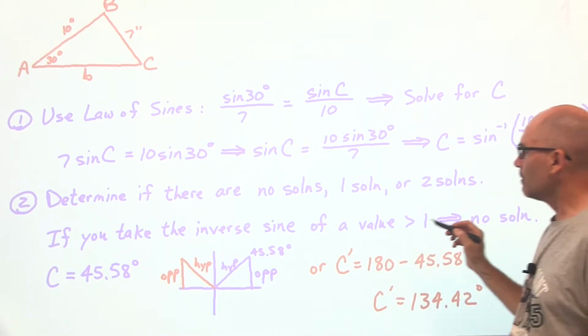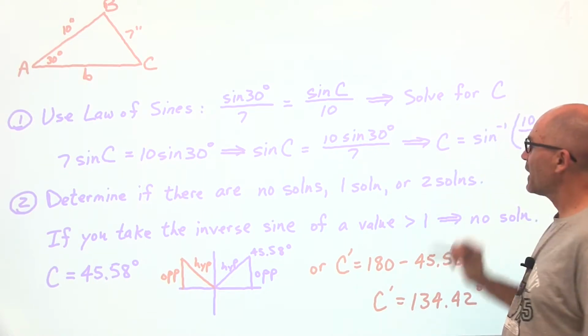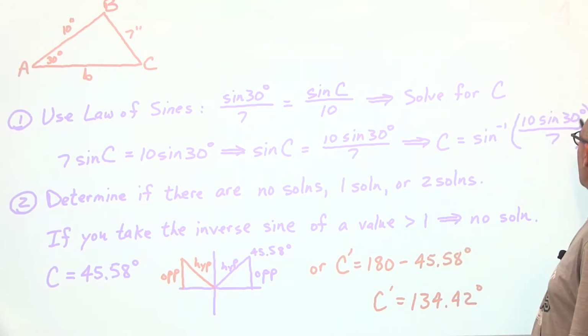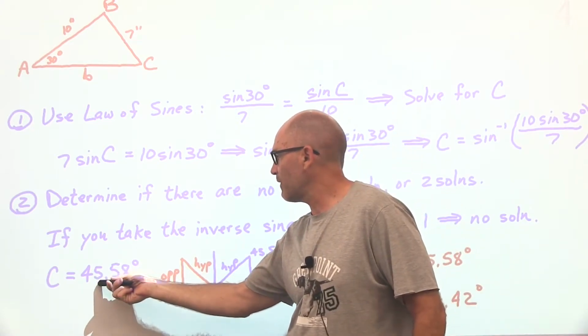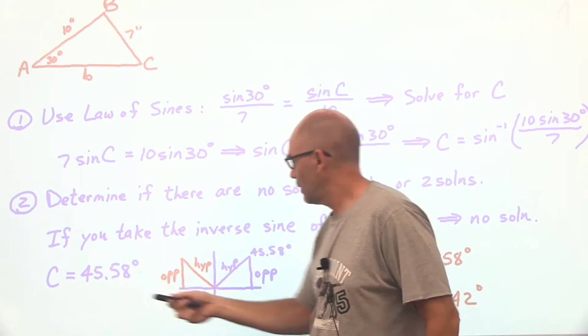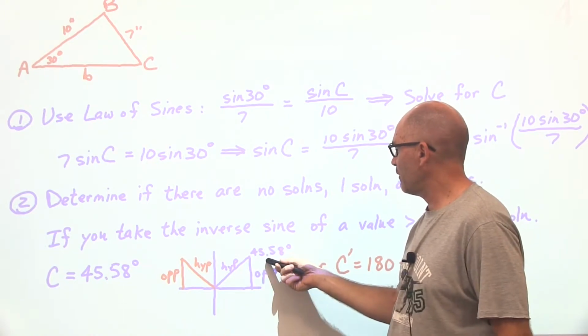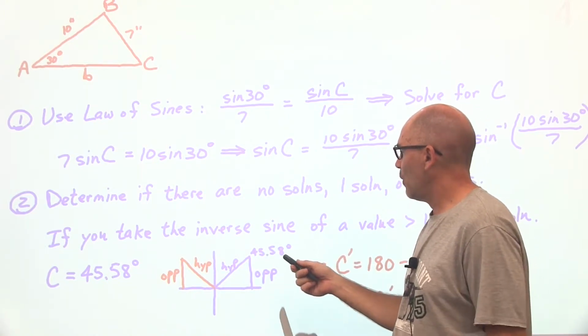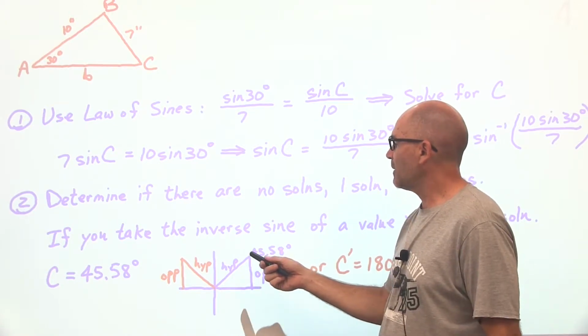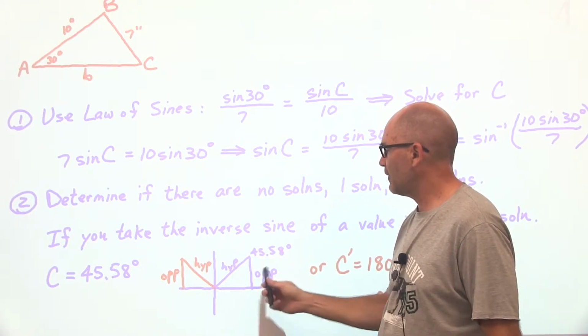Now, we took the inverse sine of this 10 sine 30 over 7, and we got angle C is 45.58 degrees. Well, here's that angle, 45.58 degrees. Now, we also know that sine is positive up and negative down.